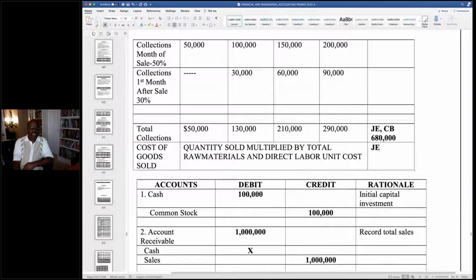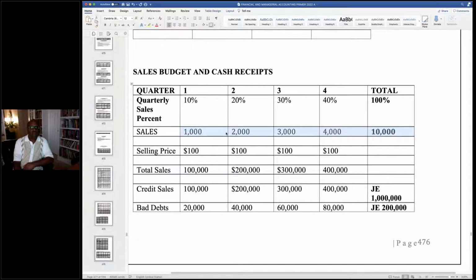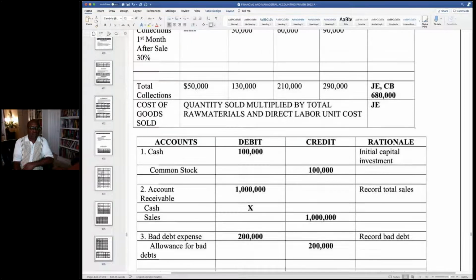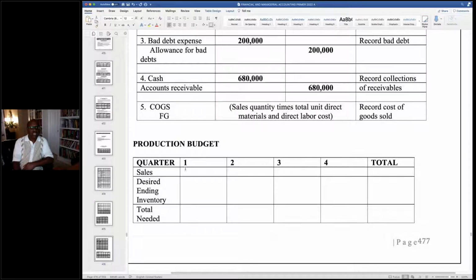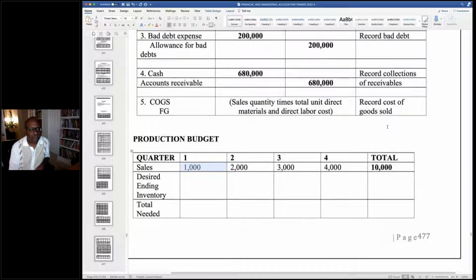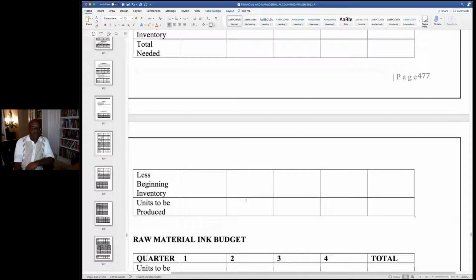So what the production budget does is it goes up here to this line called sales. It copies it. Then it pastes it here. So it's going to be a good idea if those sales are correct. Then the production budget will come up with the units to produce.